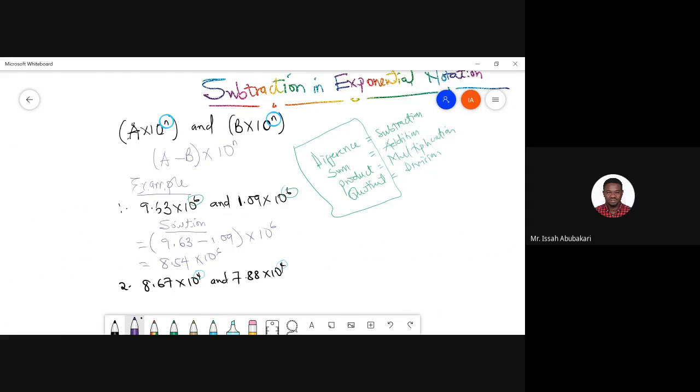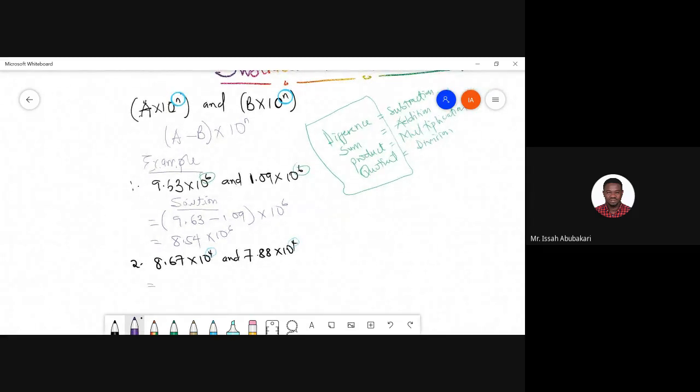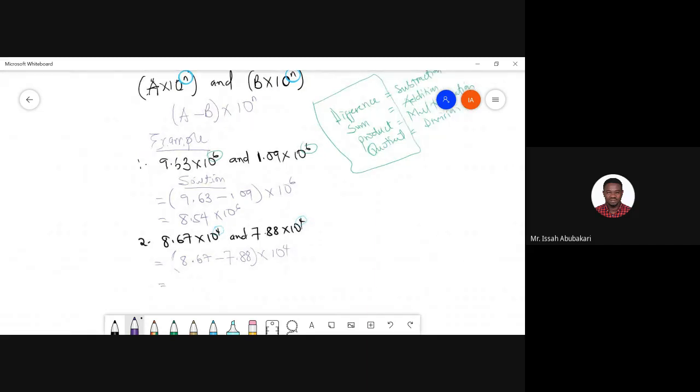With this, our solution is going to look like this: 8.67 minus 7.88, then we multiply it by 10 power 4 since we have the same power. So when we simplify, we are going to get 0.79 multiplied by 10 power 4.